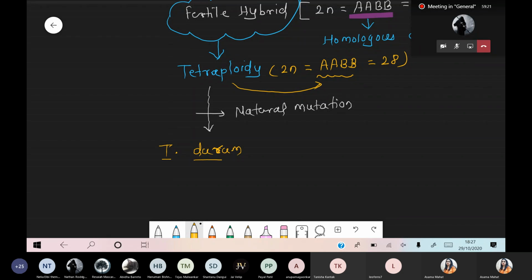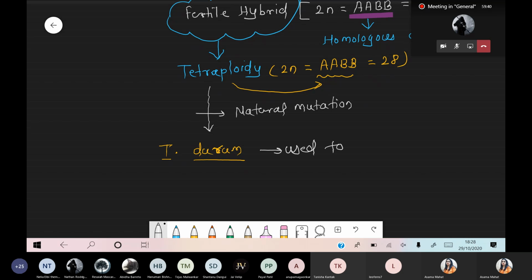D-U-R-U-M. T for the Triticum and durum. These Triticum durum species are used for the preparation of pasta, maida, noodles as well as macaroni. So these have some economic importance.